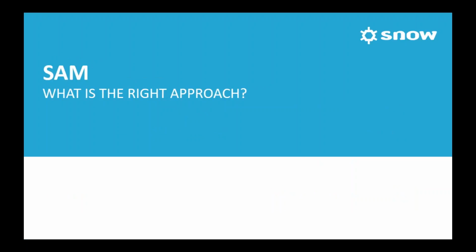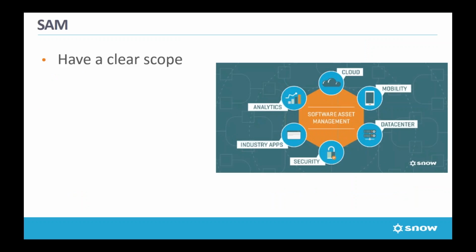And if we think about the right approach, really, there's several steps to that, but the very first step is to understand what the scope is of your SAM program. And again, SAM programs come in stages, so you don't do everything at the same time in a big bang, simply because it's too much. It's quite a large project to get a SAM program working.